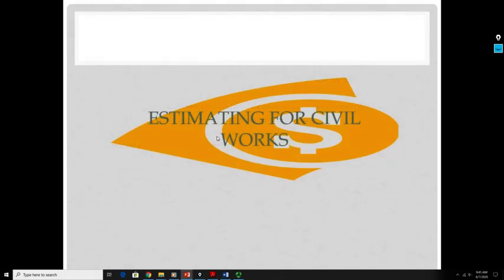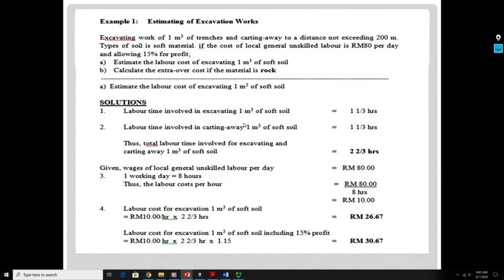So, estimating of civil works. The first example for calculation is estimating of excavation work. Excavating work for 1 meter cube of trench and cutting away. Cutting away means once you have excavated, you will have soil and you move the soil to a different location, to a distance not exceeding 200 meter.